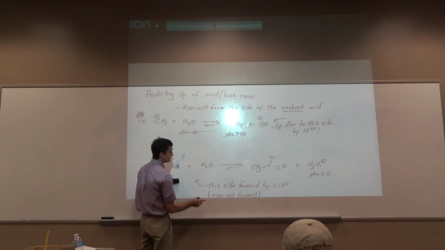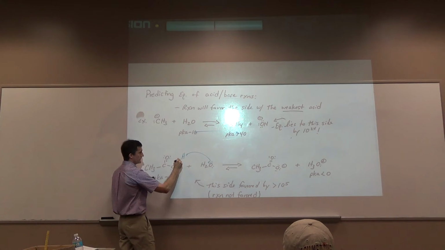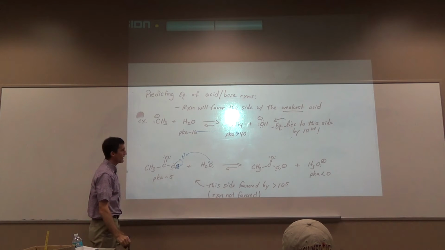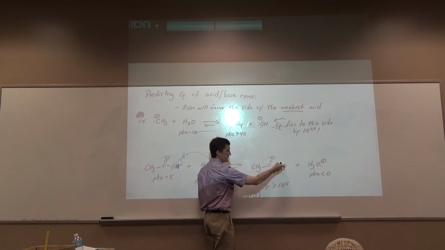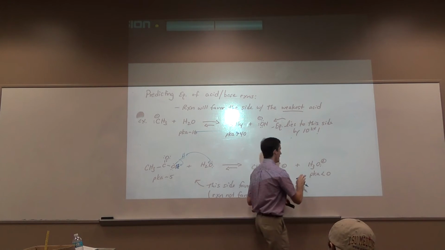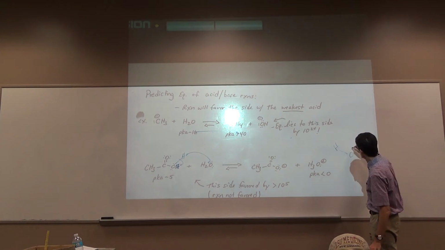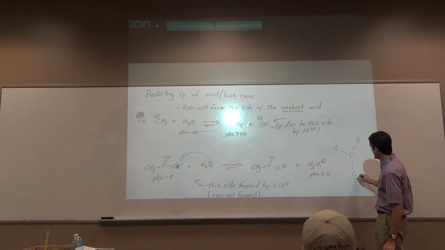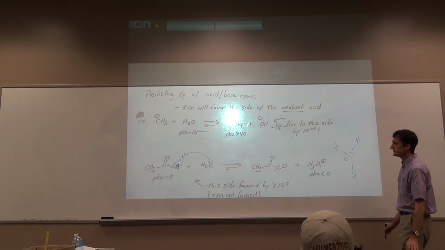Of course, in our acid-base mechanism, if this is the base, the lone pair takes the H. These electrons stay behind, and you get this, and that's a minus charge. If we drew this out, it would be oxygen with now 3 bonds to H, 1 lone pair left, and that's a plus charge.